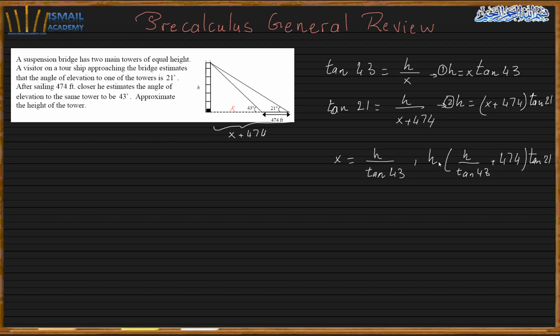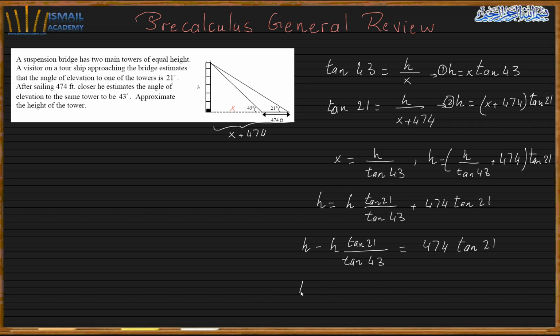I'm going to distribute tangent 21, so h will be equal to h times tangent 21 over tangent 43 plus 474 tangent 21. I move this h term over and take h as a common factor: h minus h tangent 21 over tangent 43 equals 474 tangent 21.